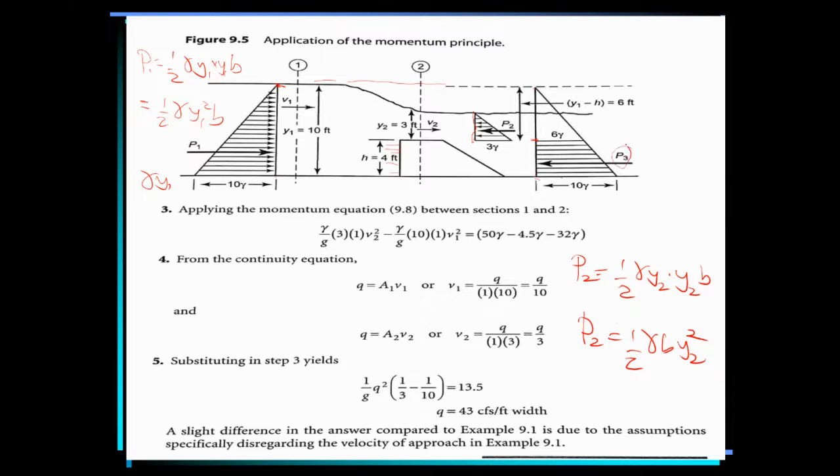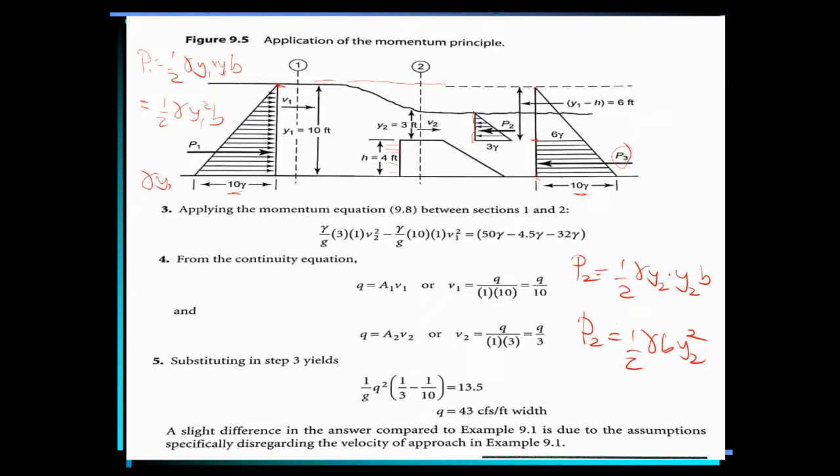This is P3, the pressure force at the face of the weir. Because it's similar to this one, the height is also 10, so we have 10 gamma.